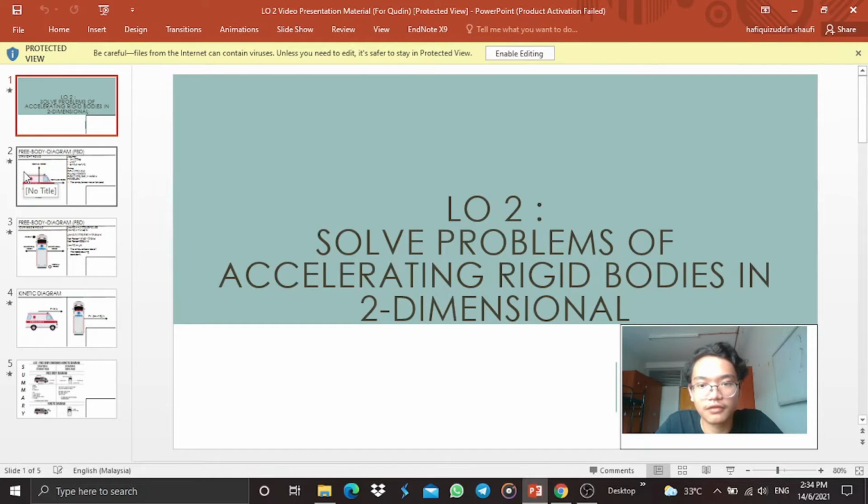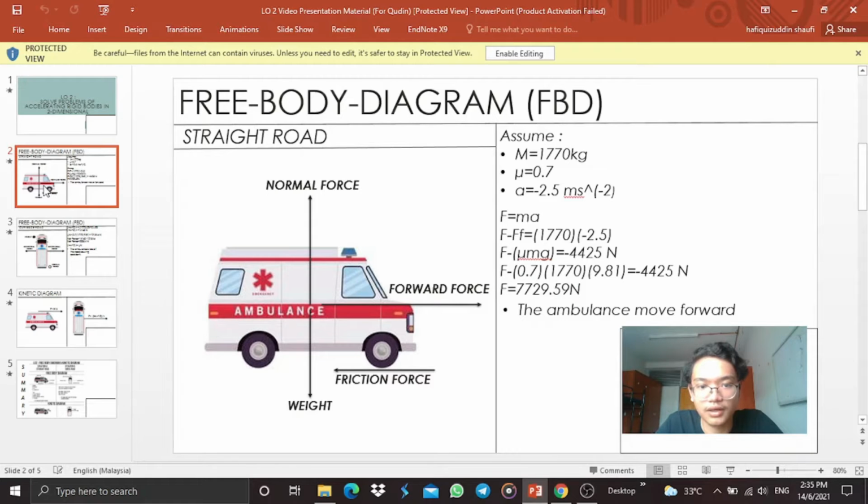Hello, my name is Muhammad Hafiquddin, and I'm going to explain LO2, solving problems for accelerating rigid bodies in two dimensions. Start with the free body diagram. For the straight road position, we have normal and weight in the y direction, and we have a forward force and a friction force for the horizontal force.